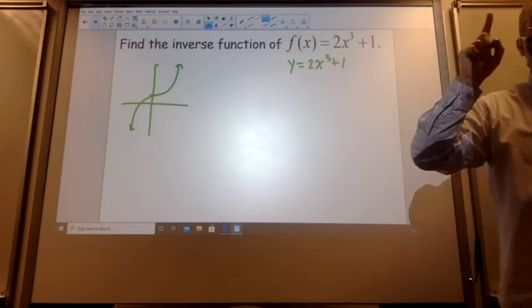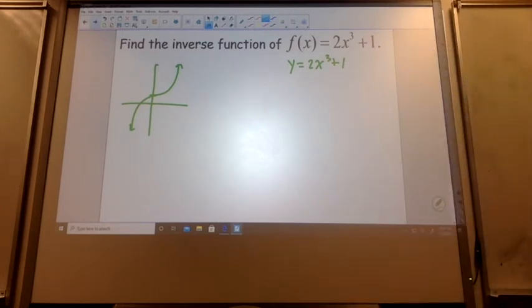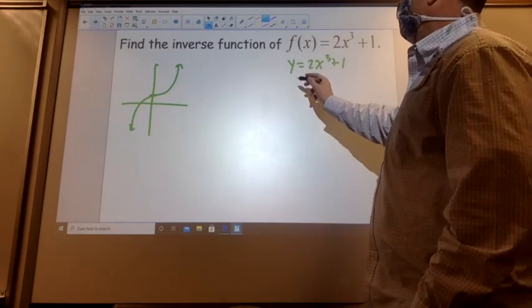It is possible for something to the third power to have a graph that doesn't pass the vertical line test, but I'm safe on this one because I just have 2x to the third, and I move up 1. So I don't have to restrict this.